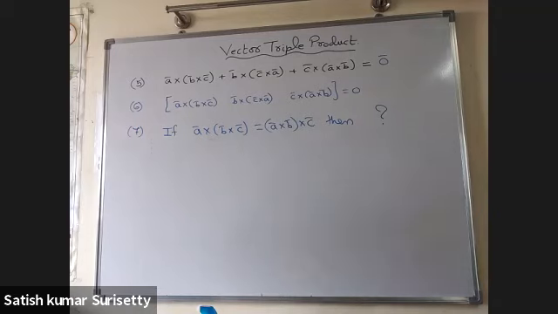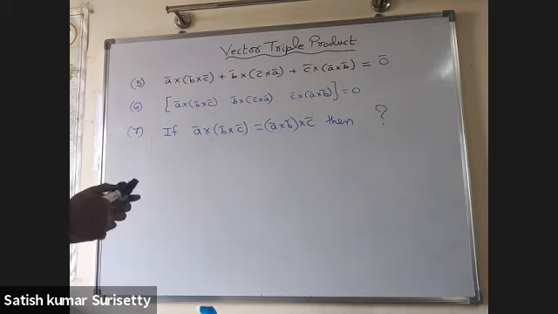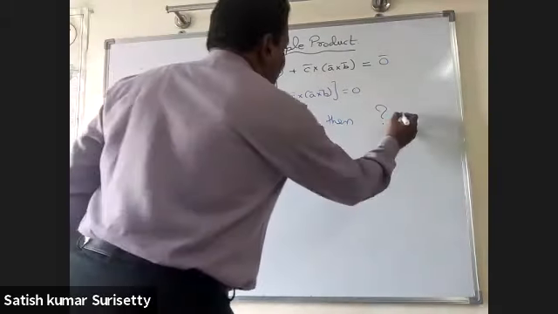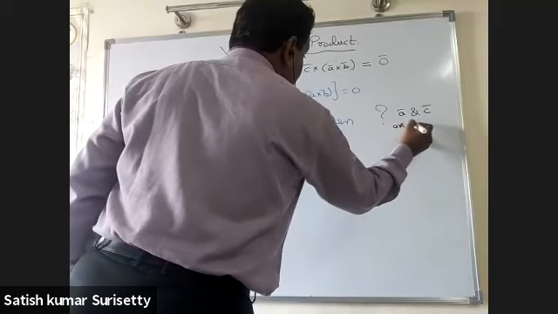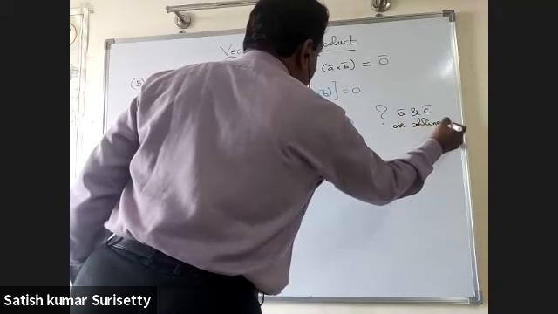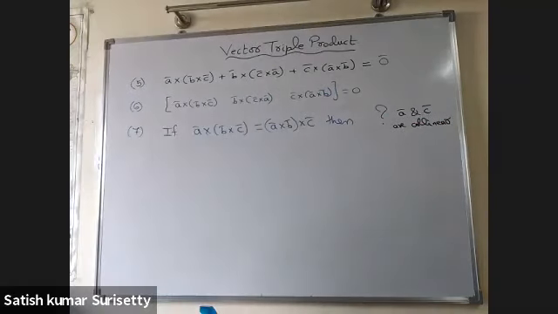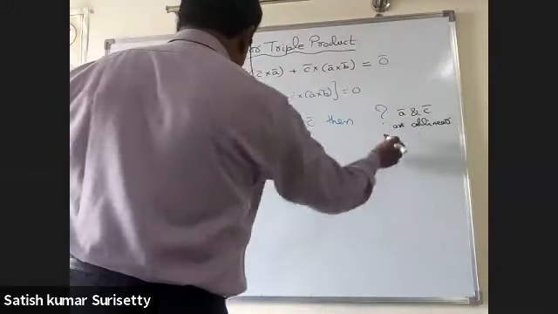B is perpendicular to A and C. Think once again. Then the conclusion is A bar and C bar are collinear, or you can say parallel, under some conditions. Under some conditions, you can prove that A bar and C bar are collinear.